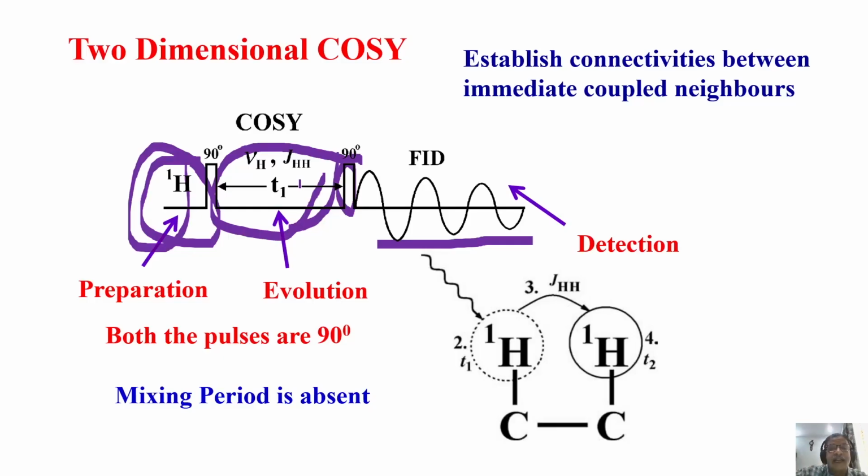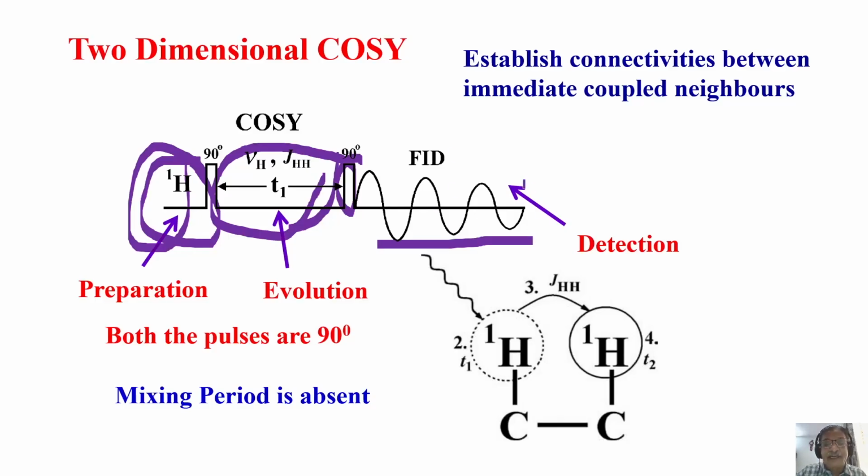I generate a pseudo free induction decay in the indirect dimension, which is also damping like an exponential decay, similar to this. So in the evolution period we allow the spins to evolve, and then we start detecting the signal. What happens here and here I will explain later.